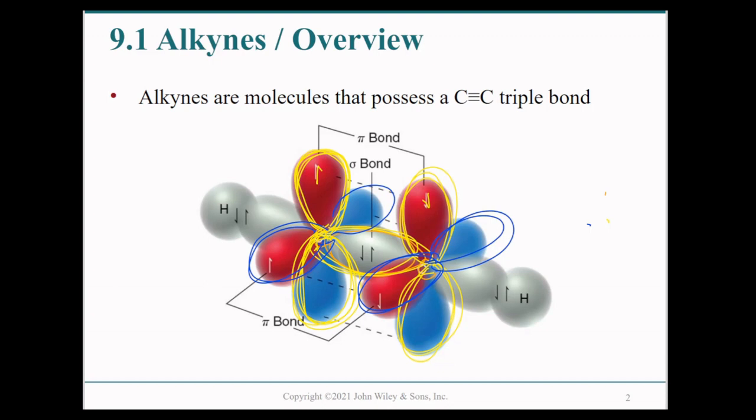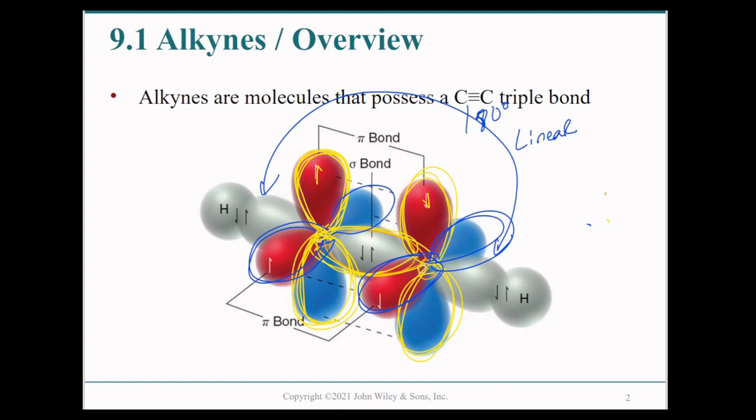All right, and so notice that this bond has a 180 degree bond angle, so that gives it a linear geometry. So a carbon-carbon triple bond is linear, and we have to denote that when we're drawing these, okay?